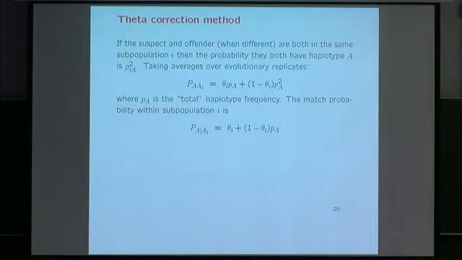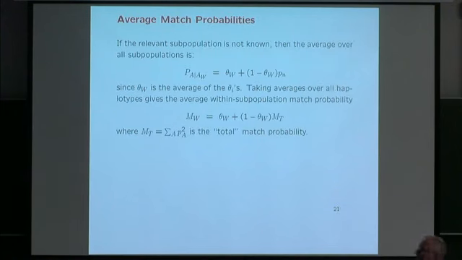The profile probability might be exceedingly small, but we still have this, if you like, the old ceiling principle. It's the lower bound on the match probability. We can average that over all subpopulations and over all profiles, and we get a theta or an F. This is the conventional FST value.